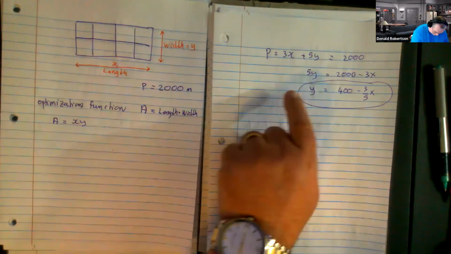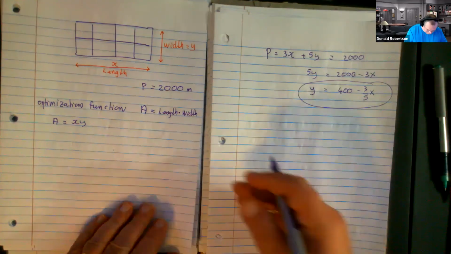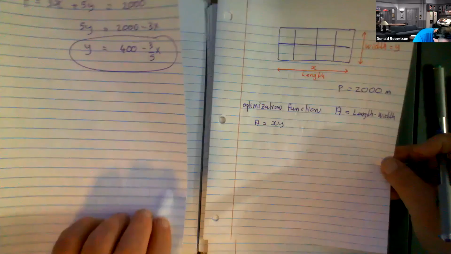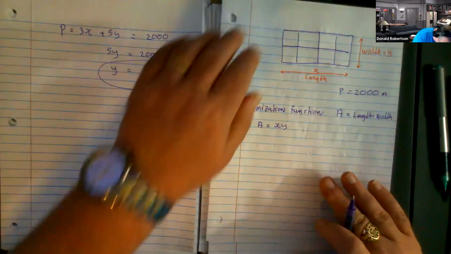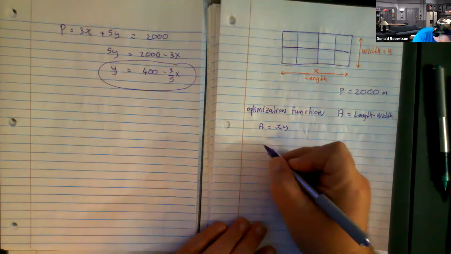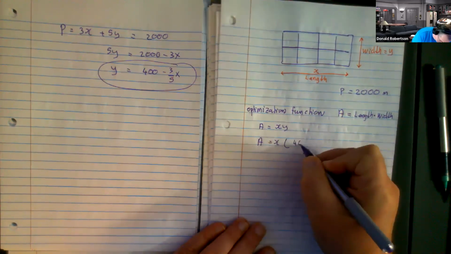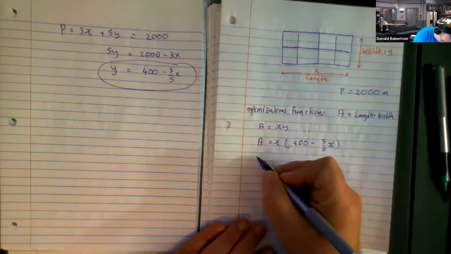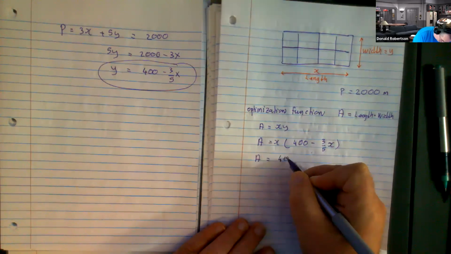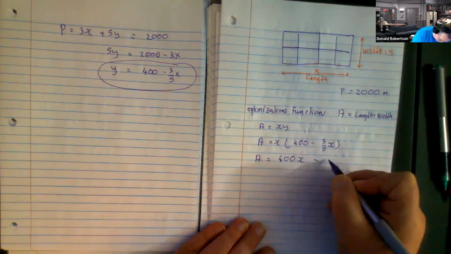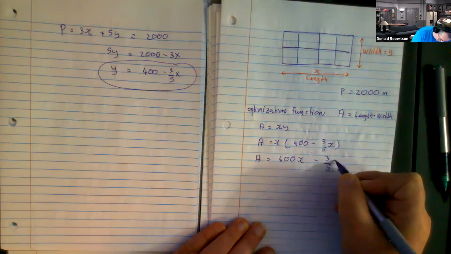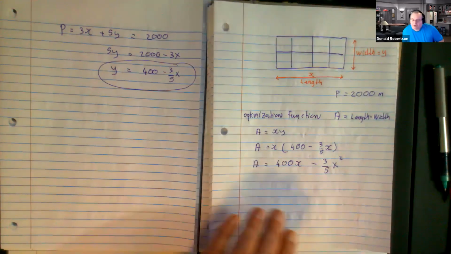So we can now return back to the optimization function, the one that we're trying to maximize. And this time it's going to be X times 400 take away 3/5 X. And I'll distribute the X and get 400X take away 3/5 X squared.